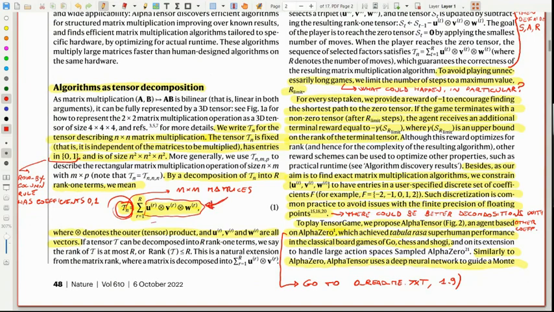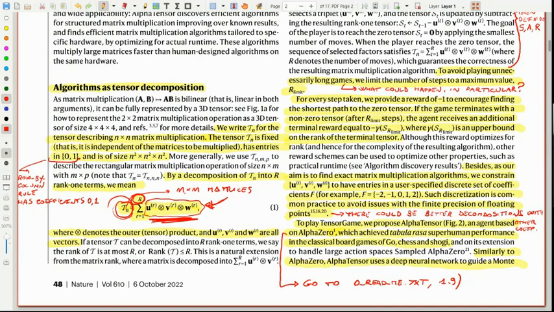This decomposition gives you another multiplication algorithm where the number of total multiplications, which is the thing that you want to minimize to make the algorithm more efficient, is exactly R. So I repeat, if I can decompose the original algorithm in this way, then I have a new algorithm with R multiplications.